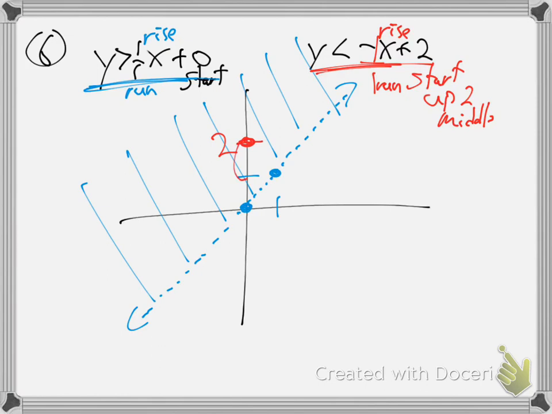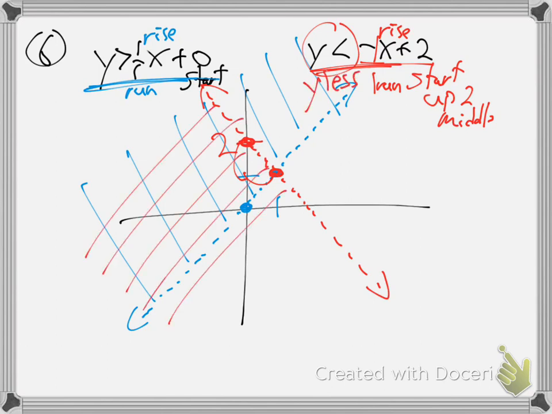So go down 1 over 1 right there. Dotted line again. Connect those 2 dots with a dotted line. Okay, like that. And am I going to shade above that line or below that line? Y less. So shade below that line.